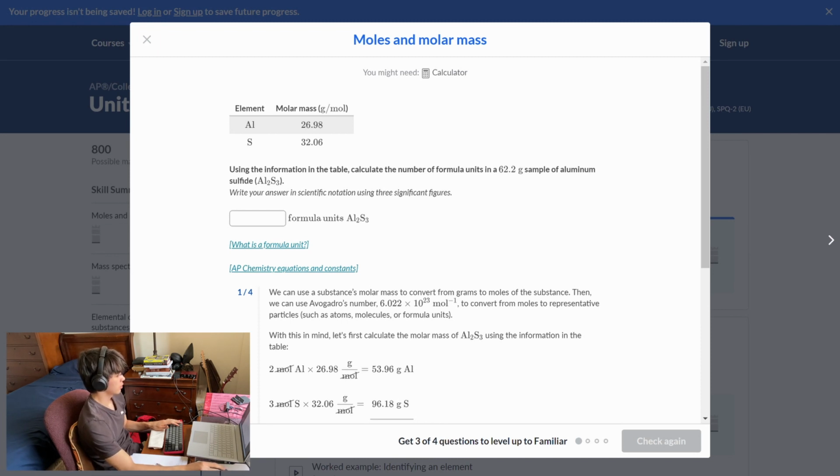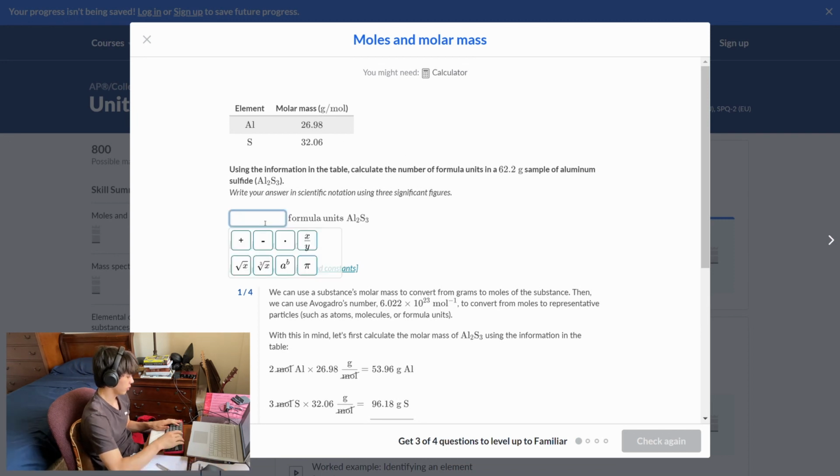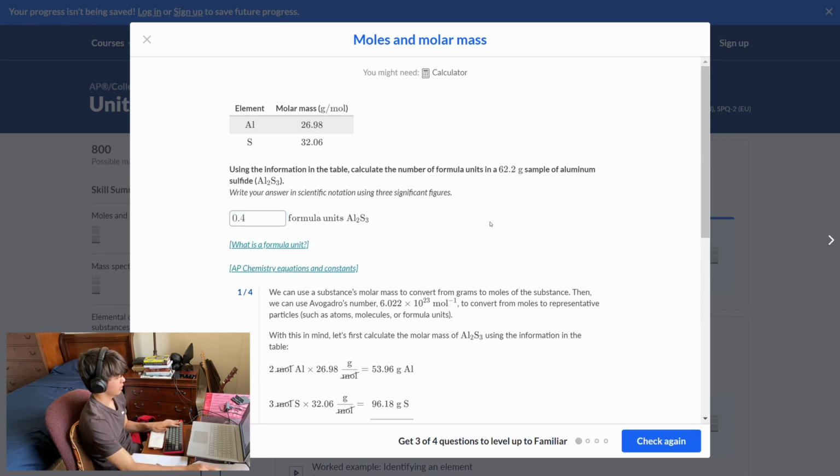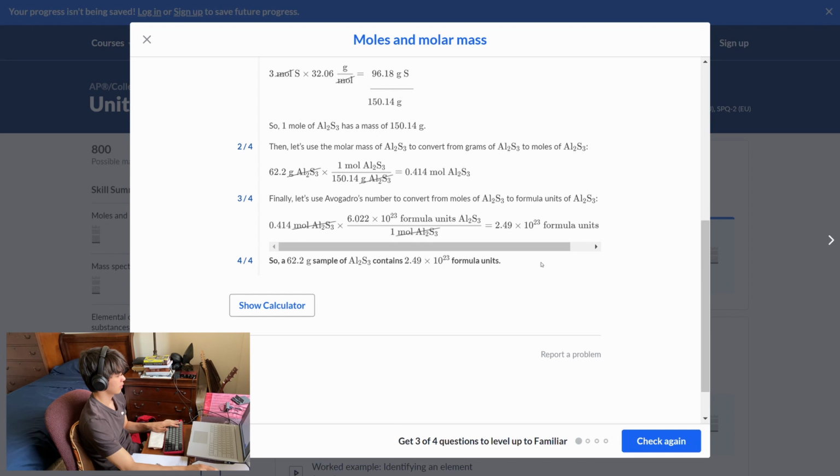Significant figures. Lowest is 1, so I guess we go down to 1. 0.4. Not quite. Wait, what?